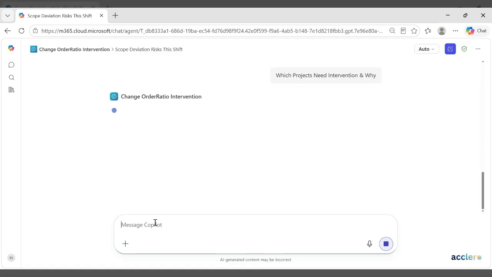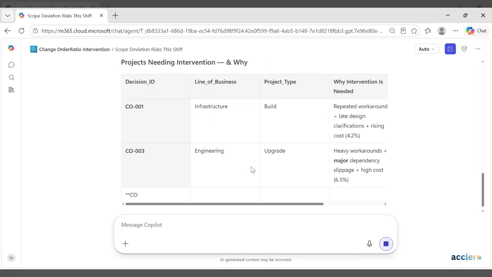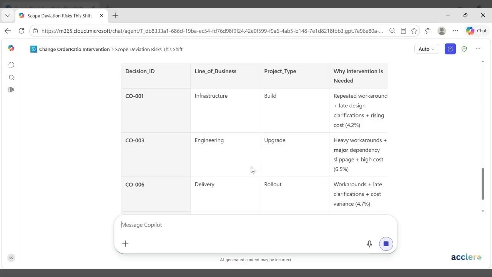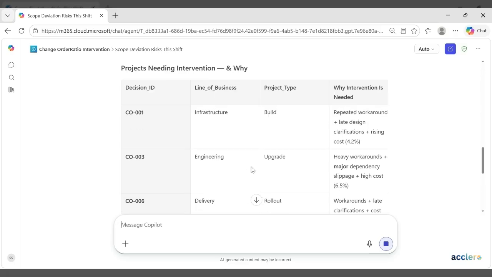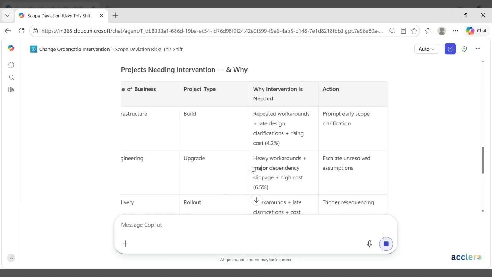Here I ask the agent which project needs intervention and why. This view narrows down to only the projects that need immediate intervention.